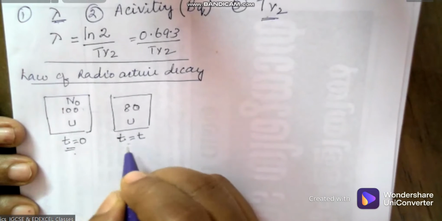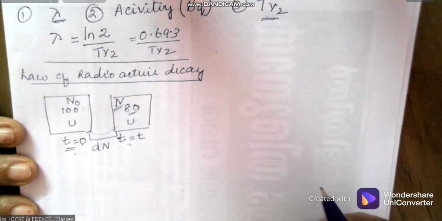The 100 in the beginning is represented by N0. At the moment what you have is N. In the beginning, when time was 0, you had N0 total atoms, of which 20 have decayed and become some other element. So now you have 80, which is represented by N.